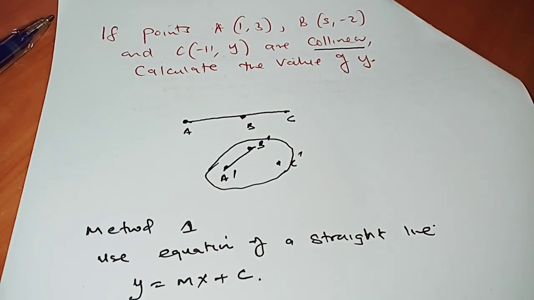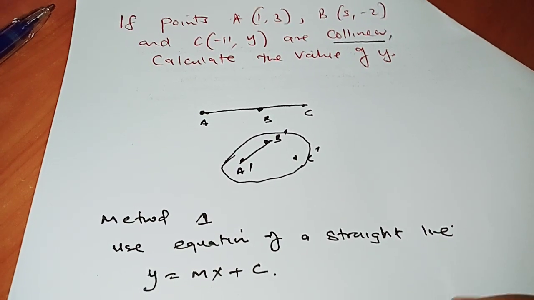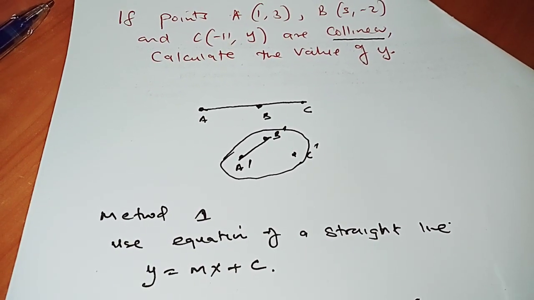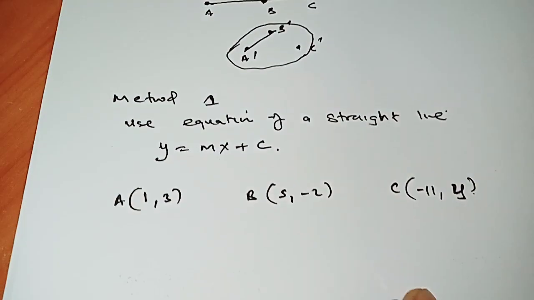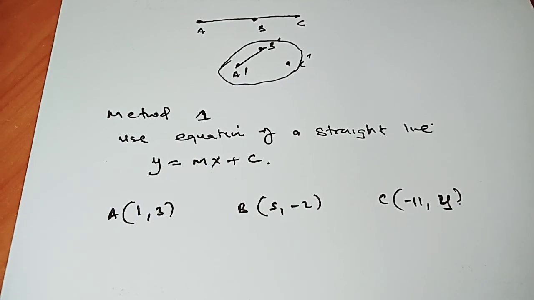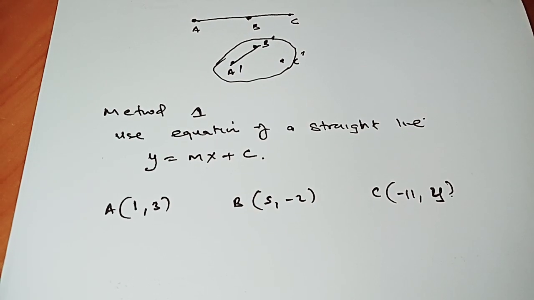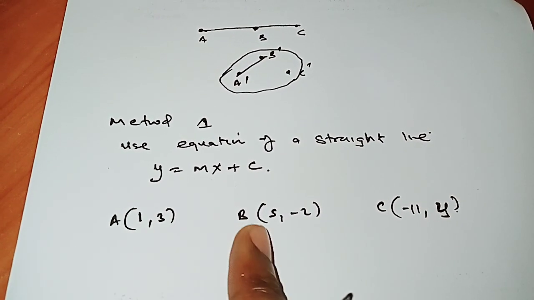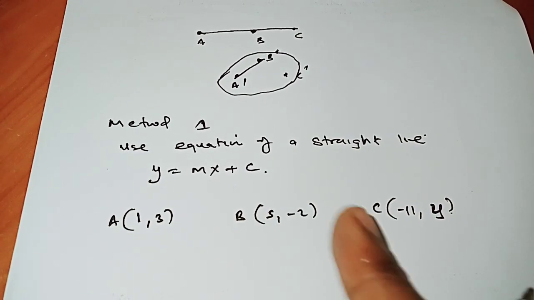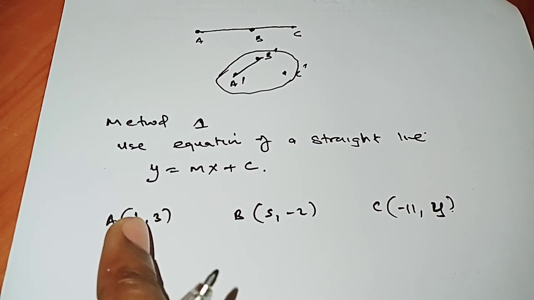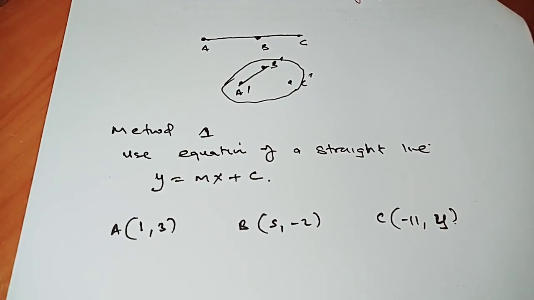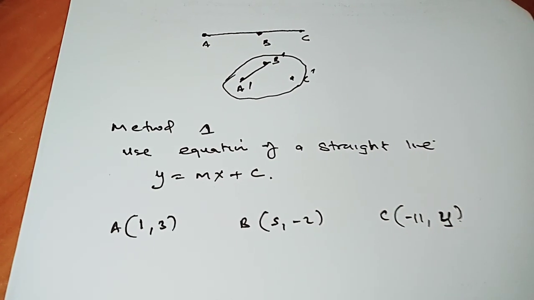Then we have C as -11, y, and this is the y we are looking for. So we are going to determine the equation of a straight line that satisfies this and that, and we assume it is the same line or equation that satisfies this and this, and by so doing we get the value of y. Okay, fine. We're going to get the gradient first.